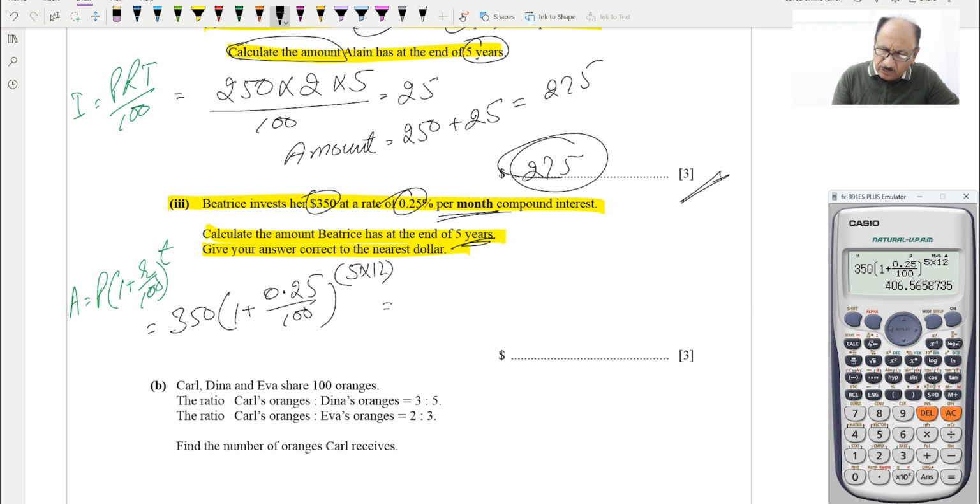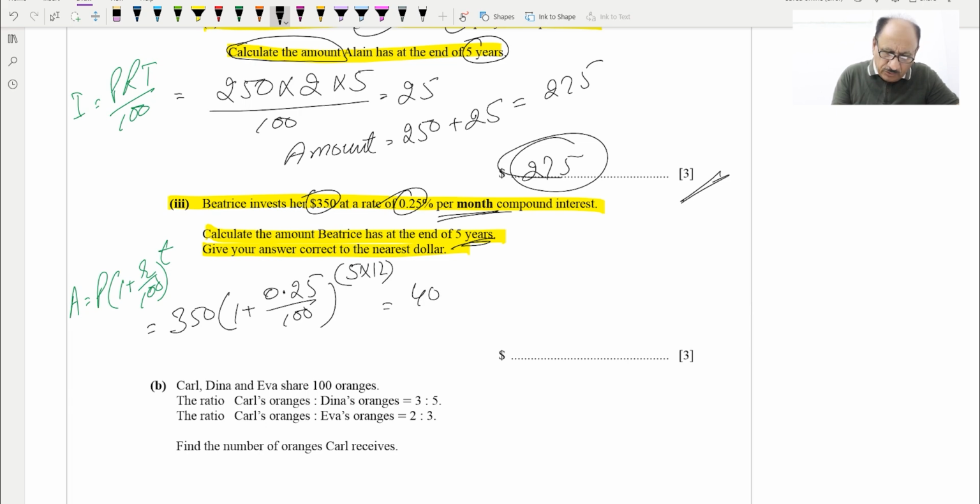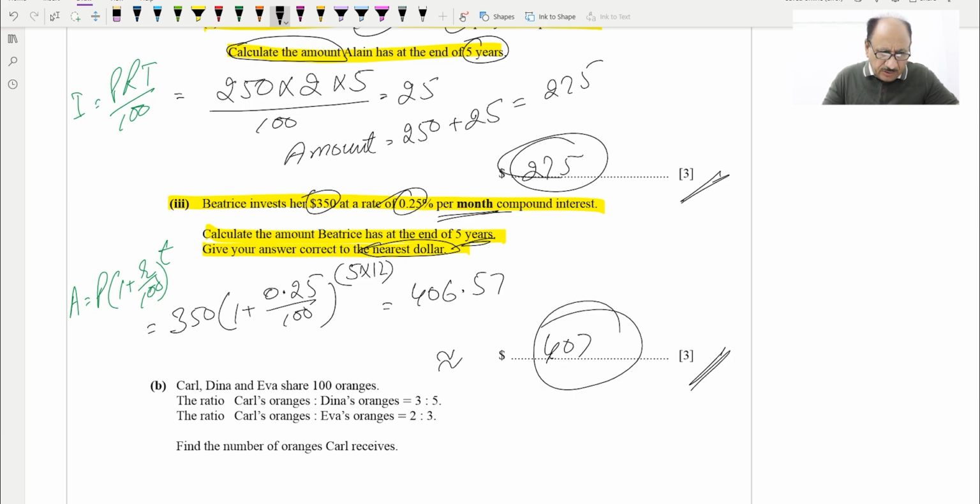So we can write 406.57, or round it to the nearest dollar, approximately $407, and this is the answer for 3 marks. Hopefully you understand this.